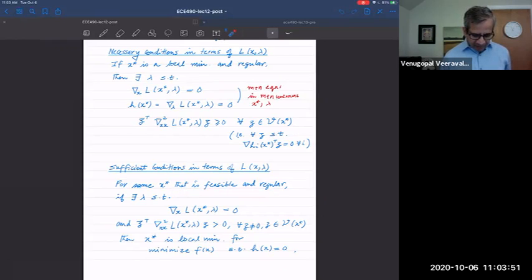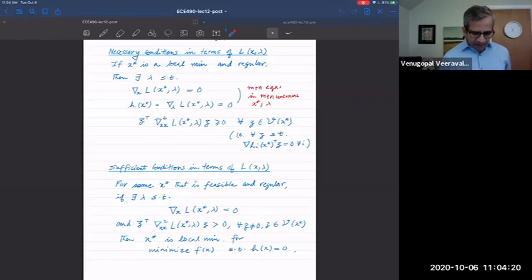If there exists a lambda such that the gradient of the Lagrangian is 0 at x star, and if the condition on the Hessian is satisfied with a strict inequality for all z not equal to 0 and z belonging to this V of x star, then x star is a local minimum for the constrained optimization problem.